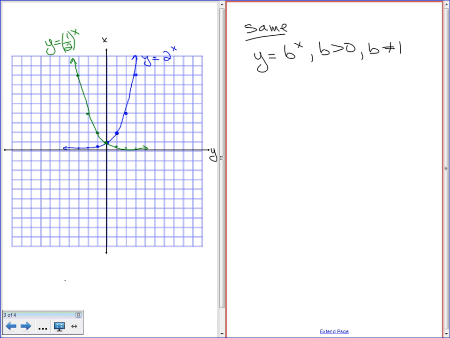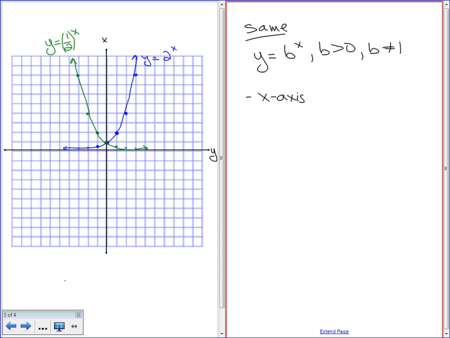So what's the something that's the same for the green and the blue graph? Yep. The asymptote. Okay. The x-axis. What's the equation of the x-axis? Yep. Oh, x equal to 0 is this guy.